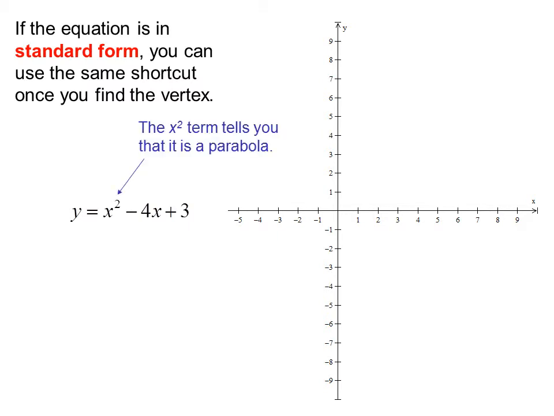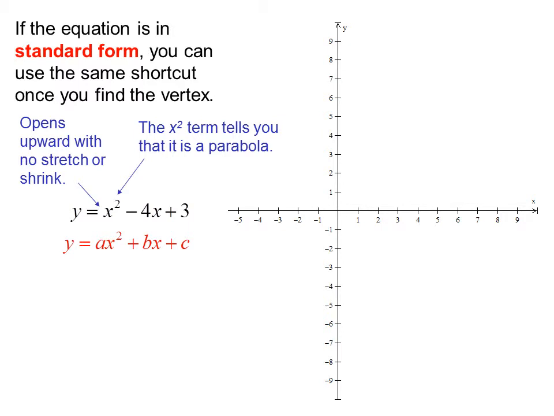The x squared term tells us that it is a parabola. And the fact that it's positive in front and has no coefficient except for an invisible 1 tells us that it opens upward and that there's no stretch or shrink.